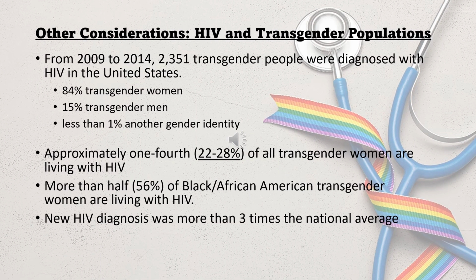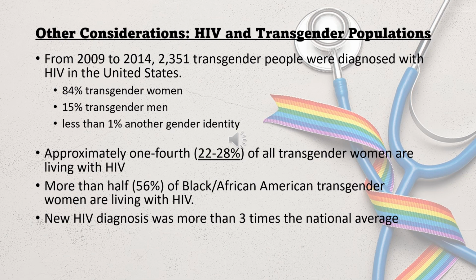Of course, there are other considerations to consider that disproportionately impact the transgender population. From 2009 to 2014, over 2,300 transgender people were diagnosed with HIV in the United States. 84% of those were transgender women, 15% were transgender men, and approximately 1/4 of all transgender women today are living with HIV.